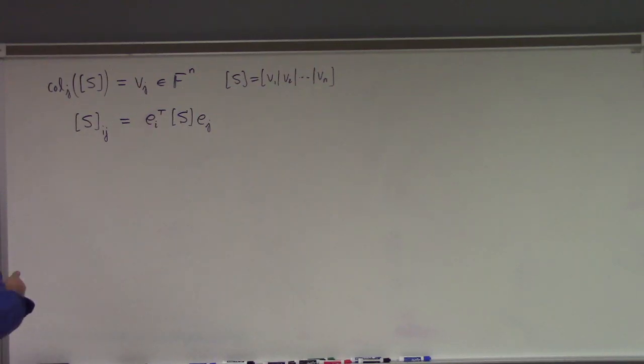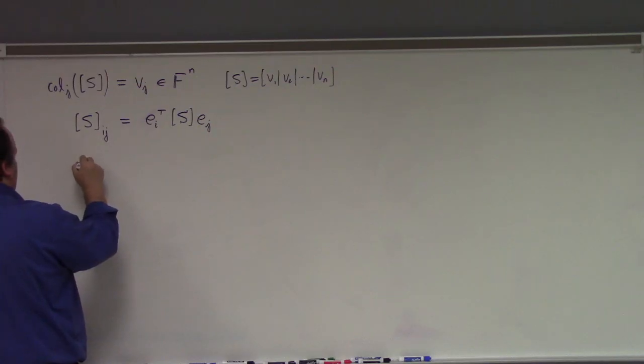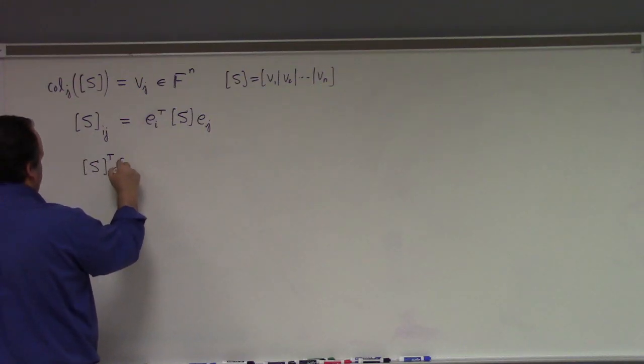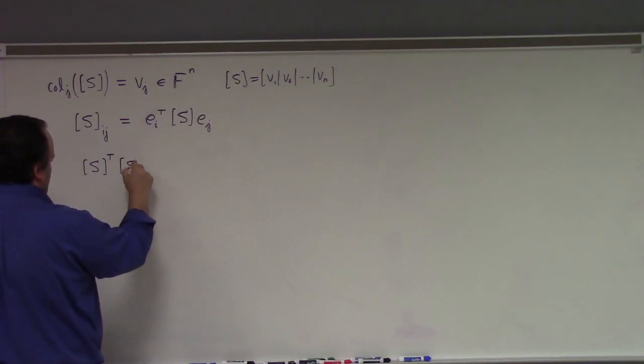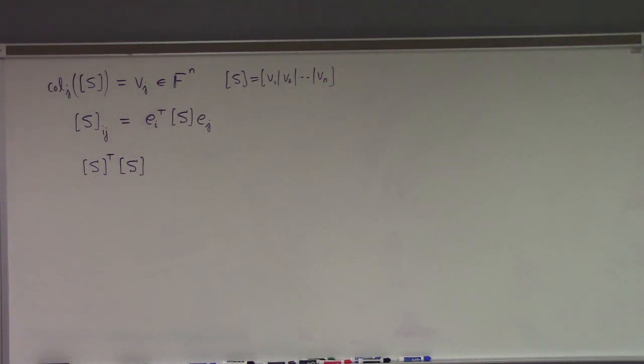I want to look at S transpose times S, right? I'd like to show that that's the identity matrix. That's what I'm trying to prove. Let's stick with the real category to start with.